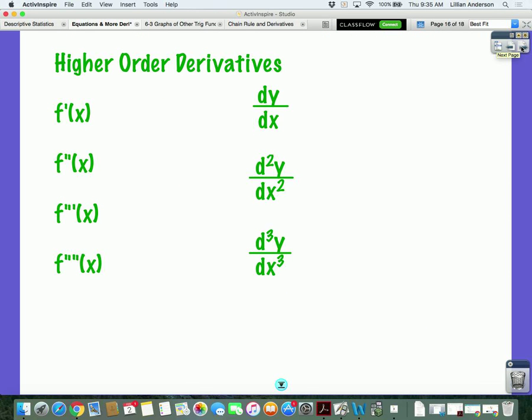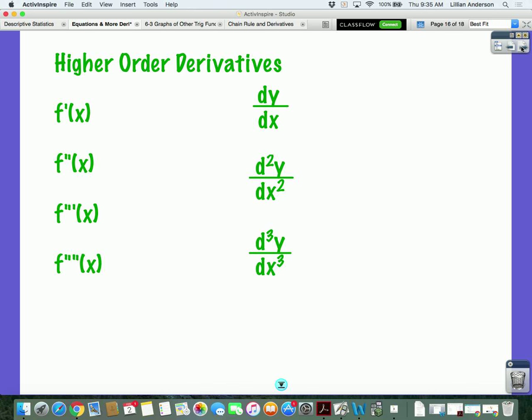Higher order derivatives. There are such things as higher order derivatives. When we get to the application part of derivatives, the higher order actually represents something. But for right now, you have your first derivative, which is f prime of x, dy dx. But then you have your second derivative, as you can tell by the number of primes increasing, so f double prime of x, and then d squared y over dx squared.